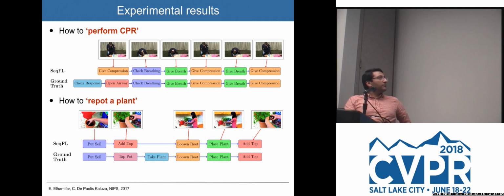It's not perfect, but after the second action we have gotten the order and the sequence right. Similarly, for how to repot a plant, we missed the second and third steps, but the order of the rest is quite right. This is actually an open problem, and we are still actively working to get much better results.